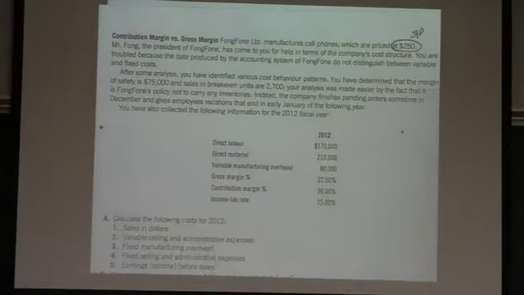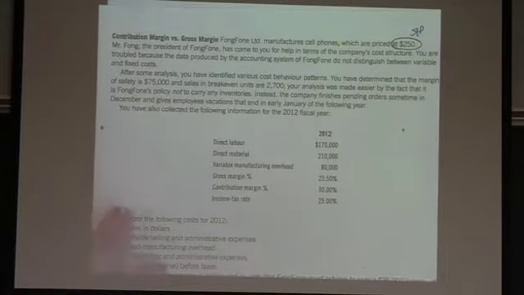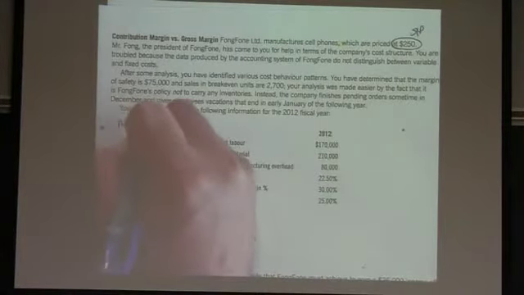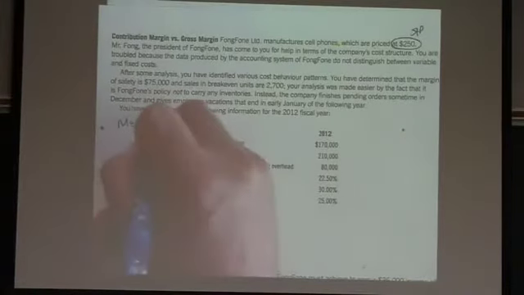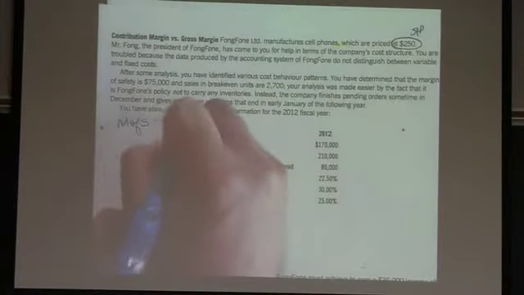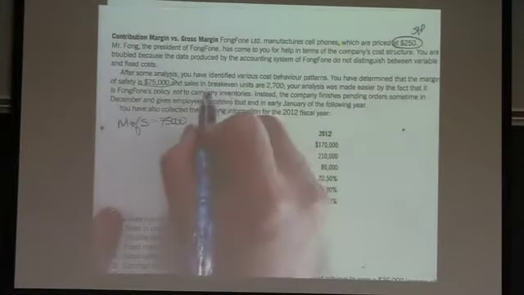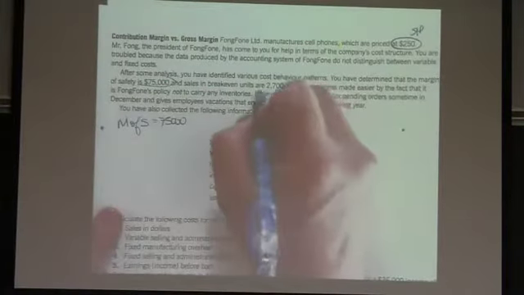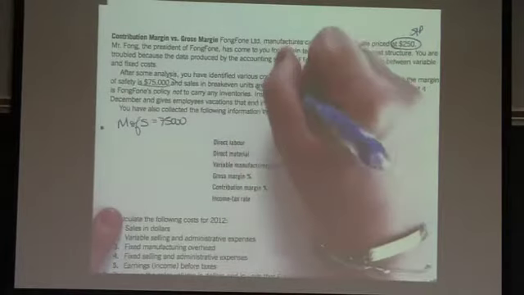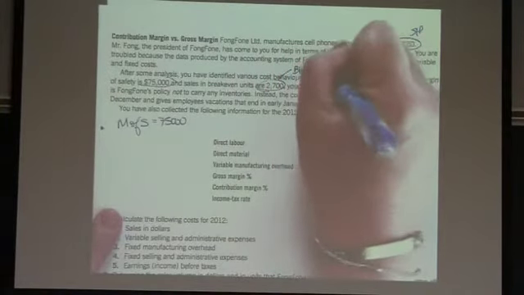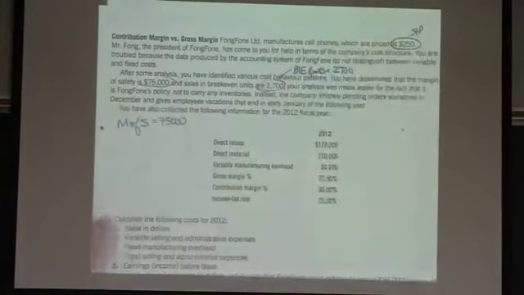You have determined that the margin of safety, MOS, is $75,000, and the sales in break-even units are 2,700. So let me highlight those two important points.